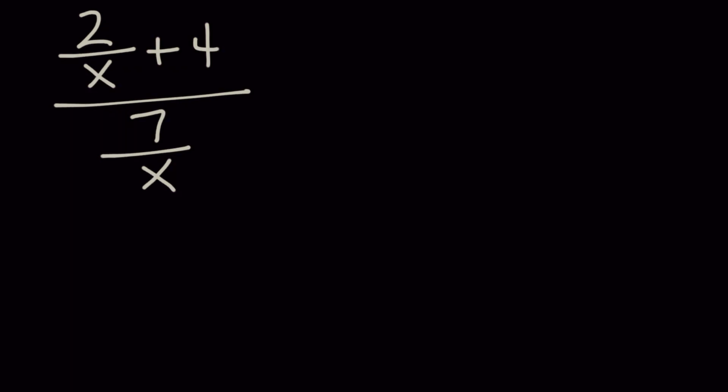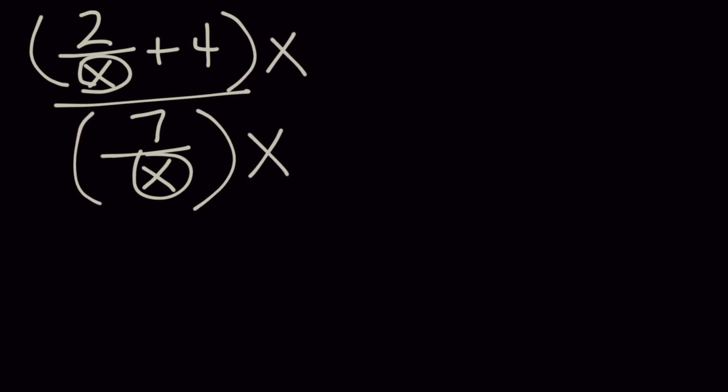Now let's try another one. In this scenario, we're going to look at our common denominator from both the numerator and the denominator. We can see that there is x here. So what we're going to do here is multiply both the numerator and the denominator by x. For the numerator, we're going to use distributive property where we multiply like so.